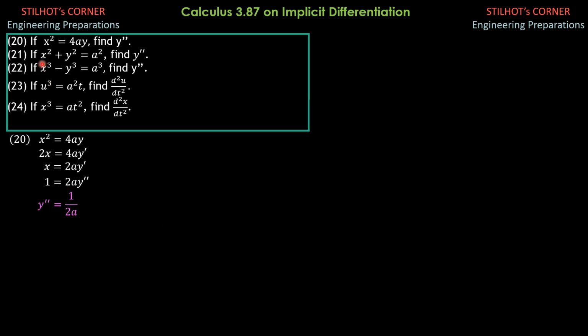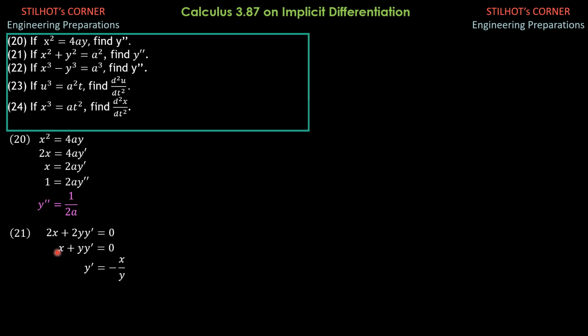For problem 21, we have 2x plus 2y y prime equals 0: derivative of x squared is 2x, derivative of y squared is 2y y prime, derivative of a squared is 0, it's constant. Dividing everything by 2, x plus y y prime equals 0, then y prime is negative x over y. But I'll just continue differentiating this.